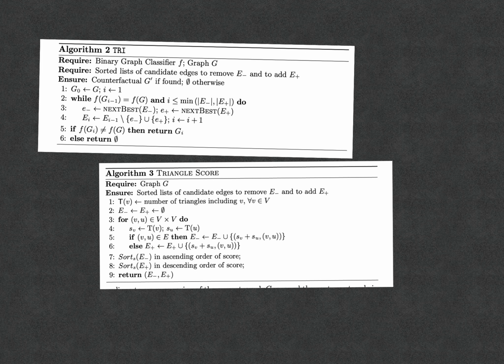And if it doesn't exist, you want to add it to the possible edges to be added in order to create, let's say, a new triangle. So the score would be the summation of these two, or the sum of their influence in some sense. And they sort it in ascending order, meaning that the smallest are prioritized for E minus, the edges that are candidates for removal, and the other way around for E plus.